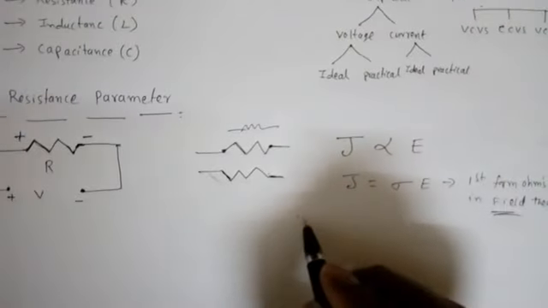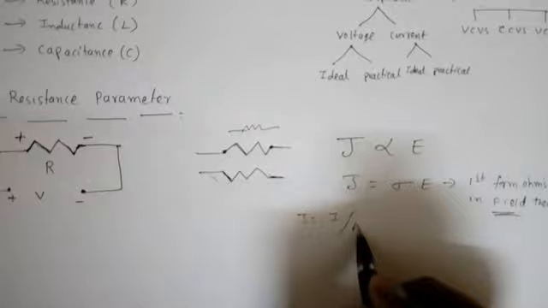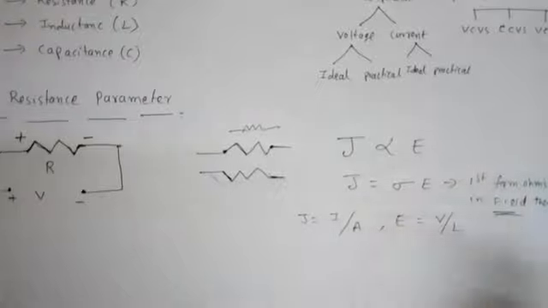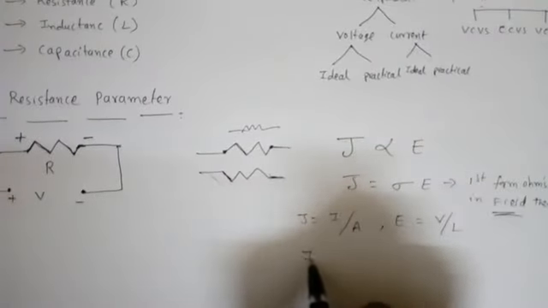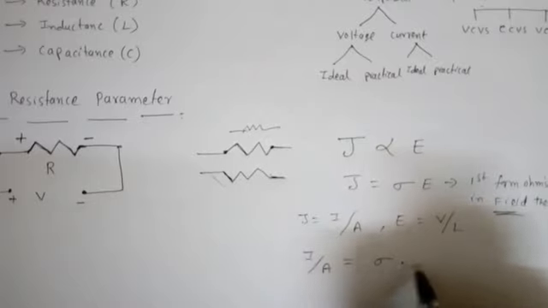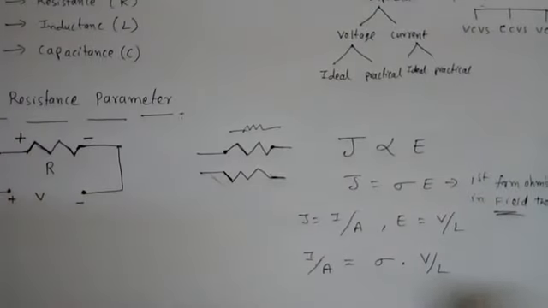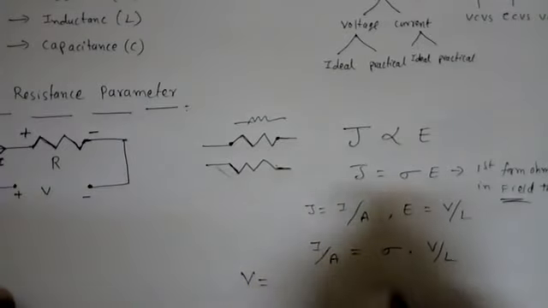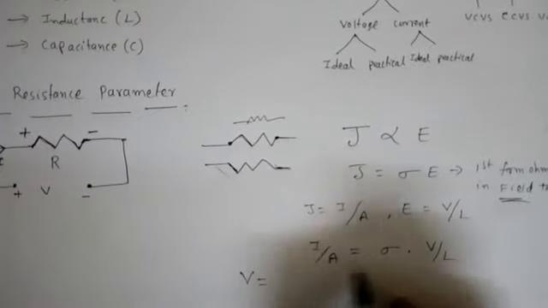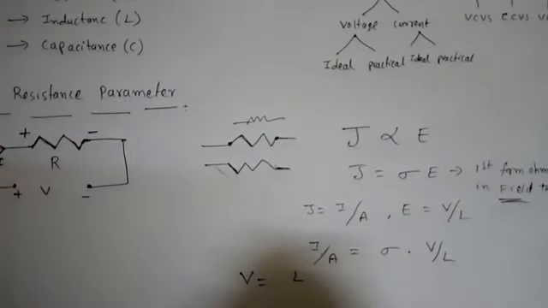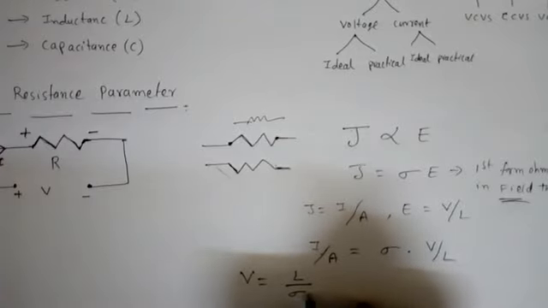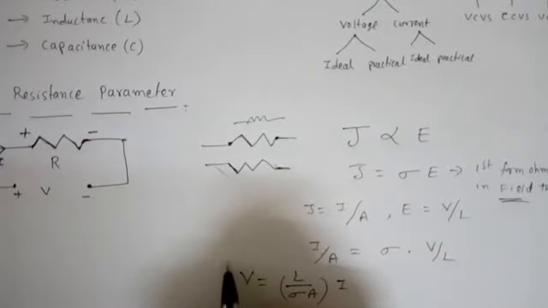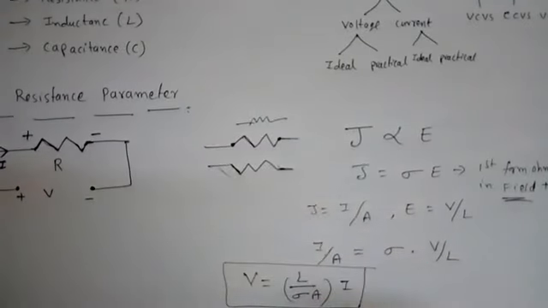We know that J is equal to the current per unit area, I by A, and the electric field is the volt per unit length, V by L. Substituting, I by A is equal to sigma into V by L. Making V the subject, V is equal to L by sigma A into the current I. This is Ohm's law in circuit theory.